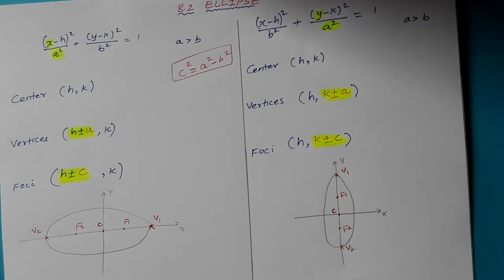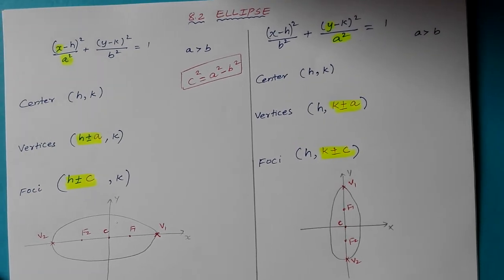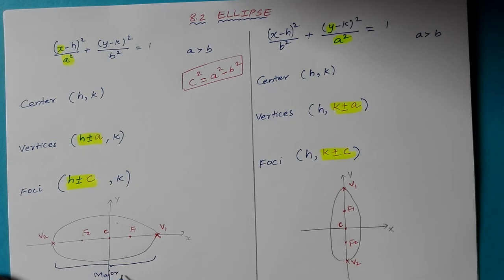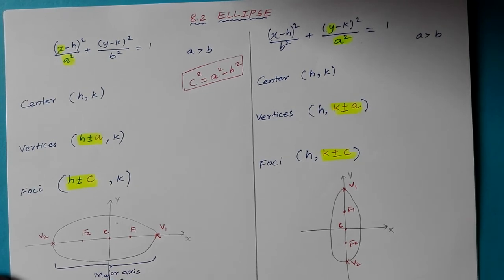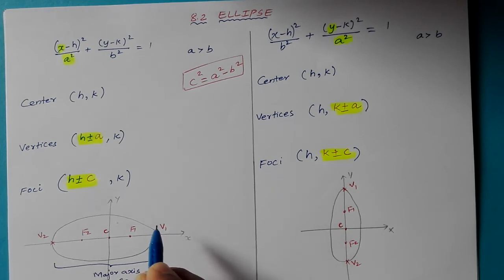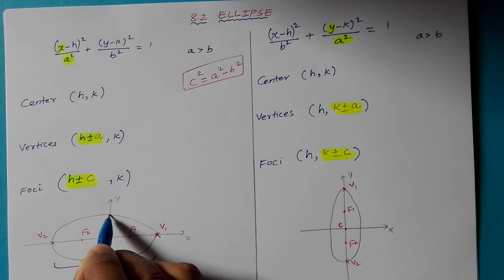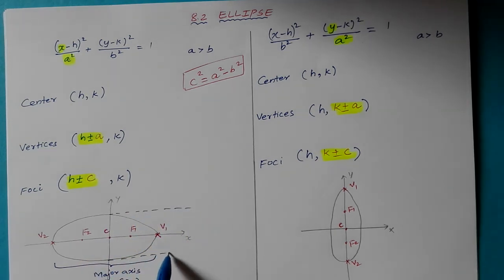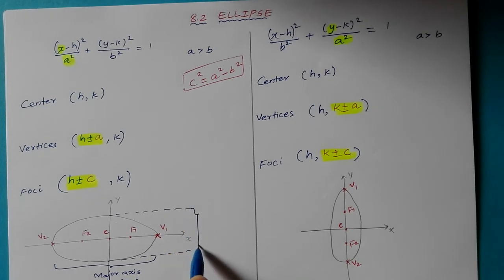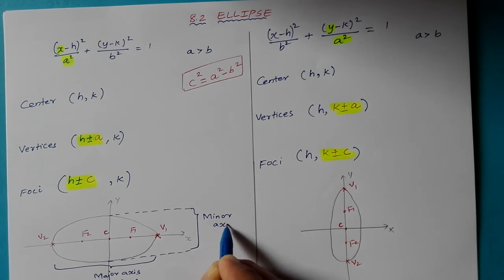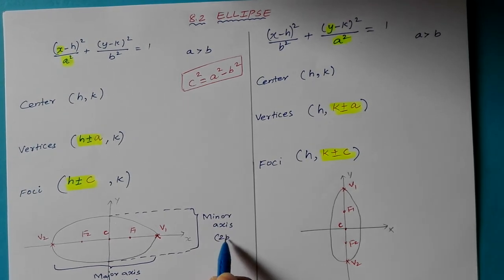The major axis and the minor axis. What we call the major axis is the longest part, which is equal to a, and the smaller part we call the minor axis, equal to b.